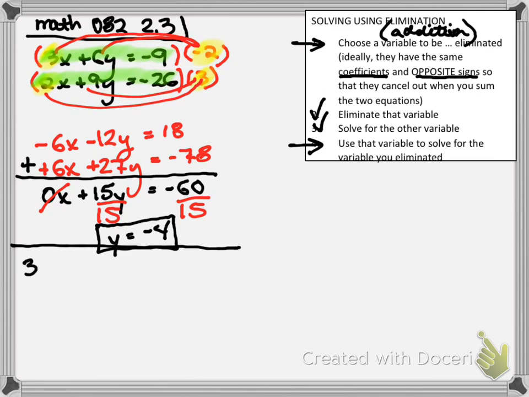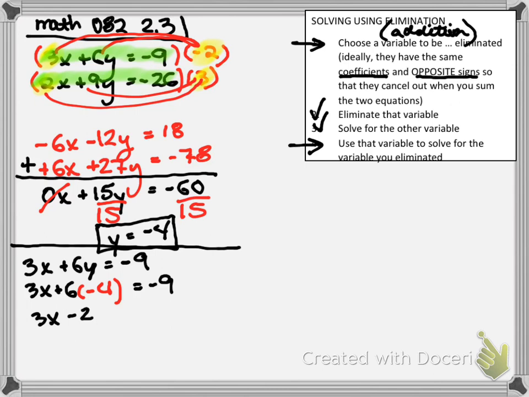So let's say we have 3x plus 6y equals -9. Y's always get me in trouble because their tails are too long, and then they kind of bleed into the other equation. Okay, so our y is -4. So we have 3x plus 6 times -4 equals -9.